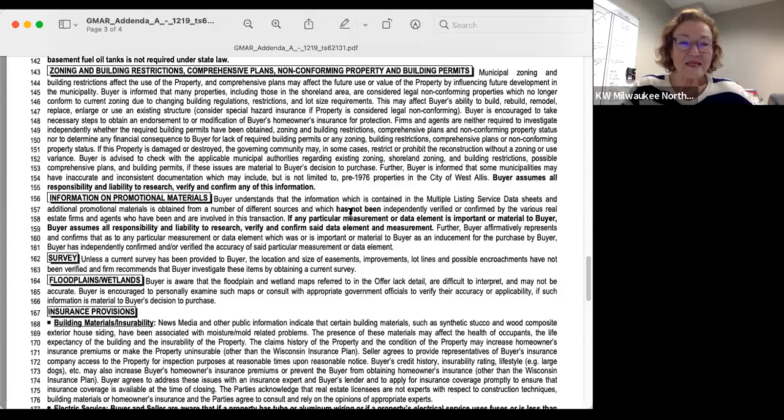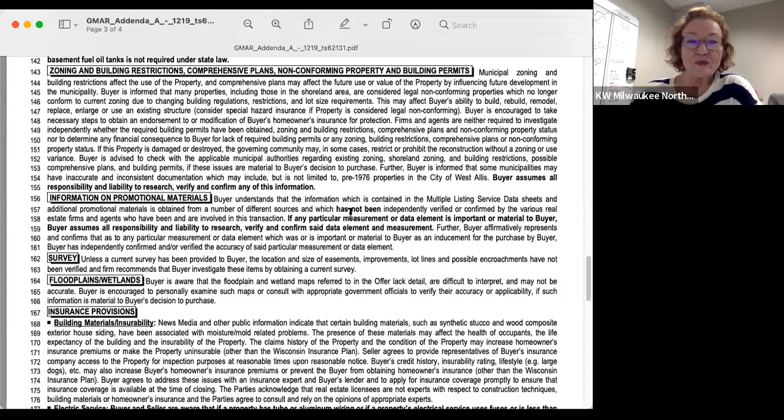If this property is damaged or destroyed, the governmental community may in some cases restrict or prohibit the reconstruction without a zoning or use variance. Buyer is advised to check with the applicable municipal authorities regarding existing zoning, shoreline zoning, building restrictions, possible comprehensive plans, and building permits.